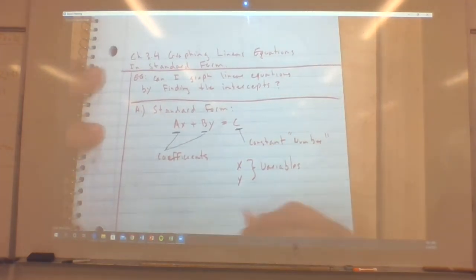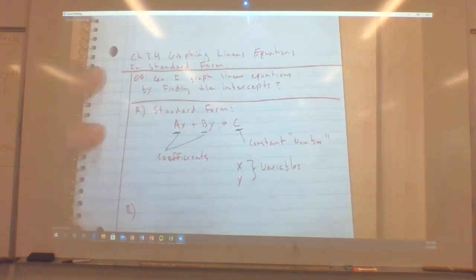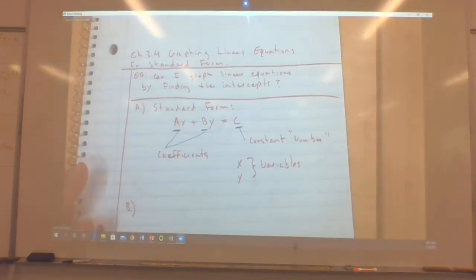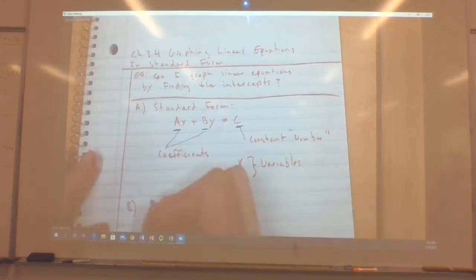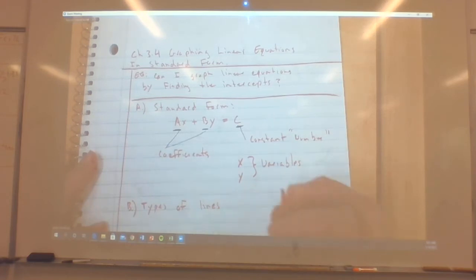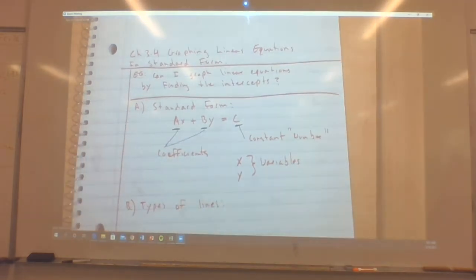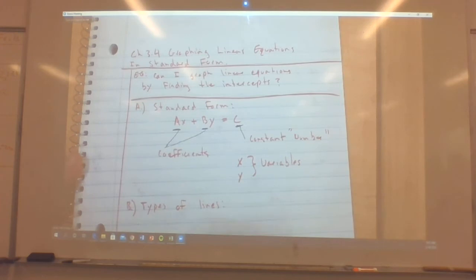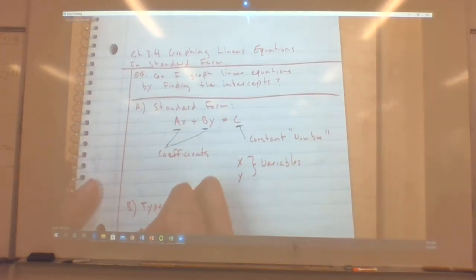Okay? V. Types of lines. We're going to be focusing on two types of lines. We're going to be focusing on vertical line.